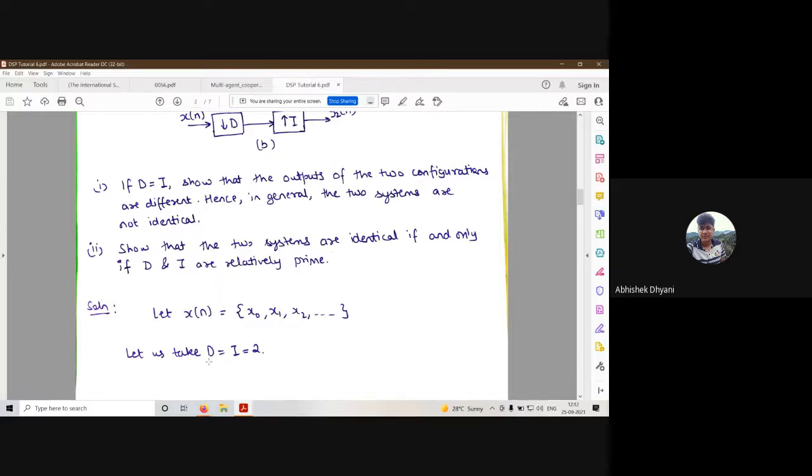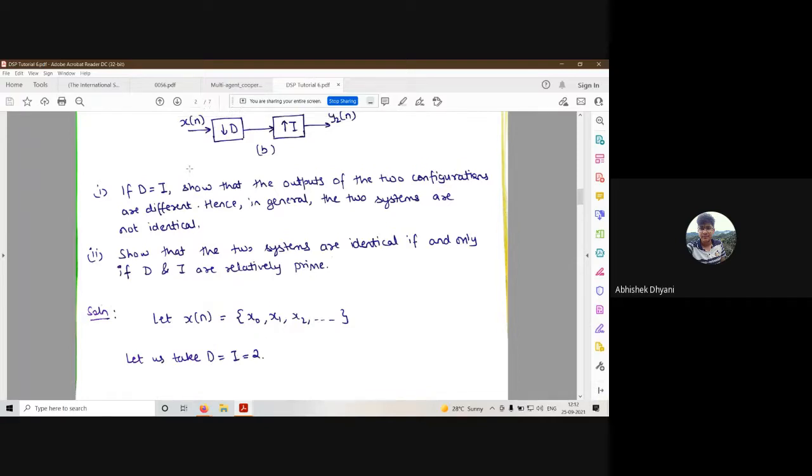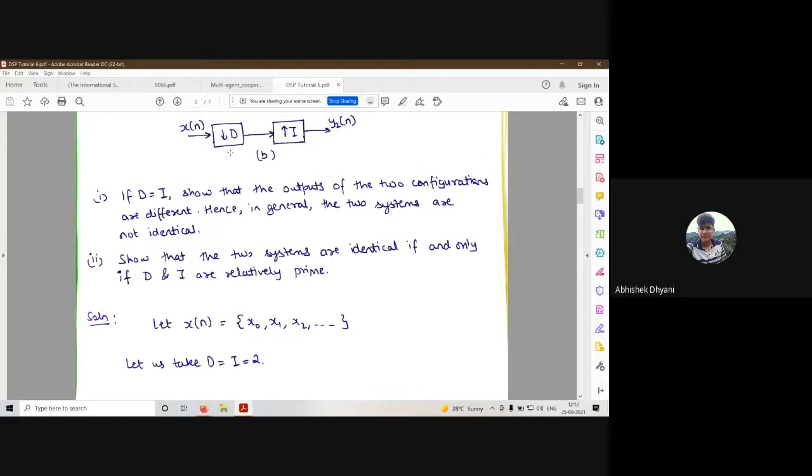If it was D equal to 3, it would have selected every third value. In this case, it will select every second value. So when D is equal to 2 and we pass x[n] through this D, we will get x0, x2, x4, and so on.